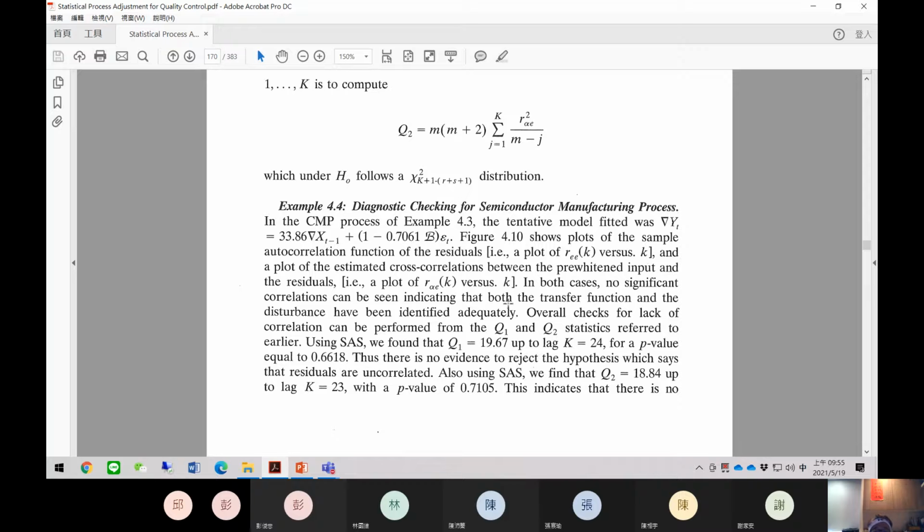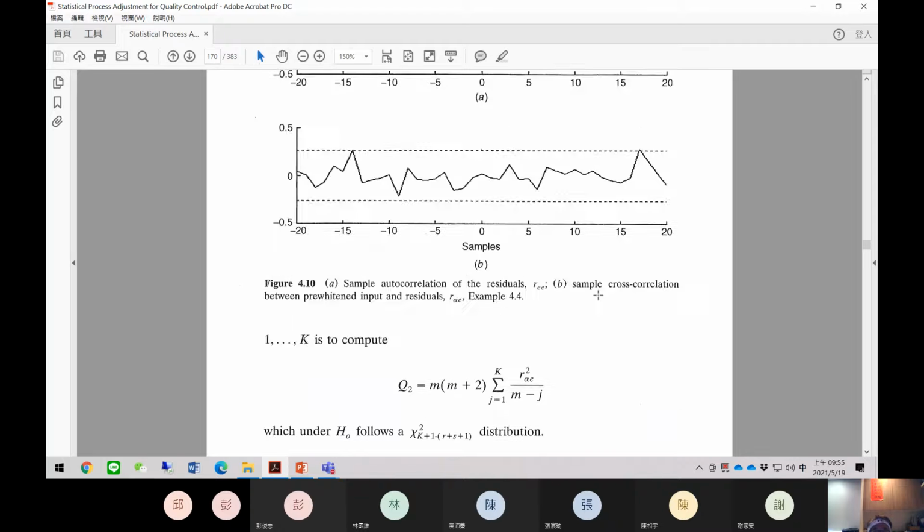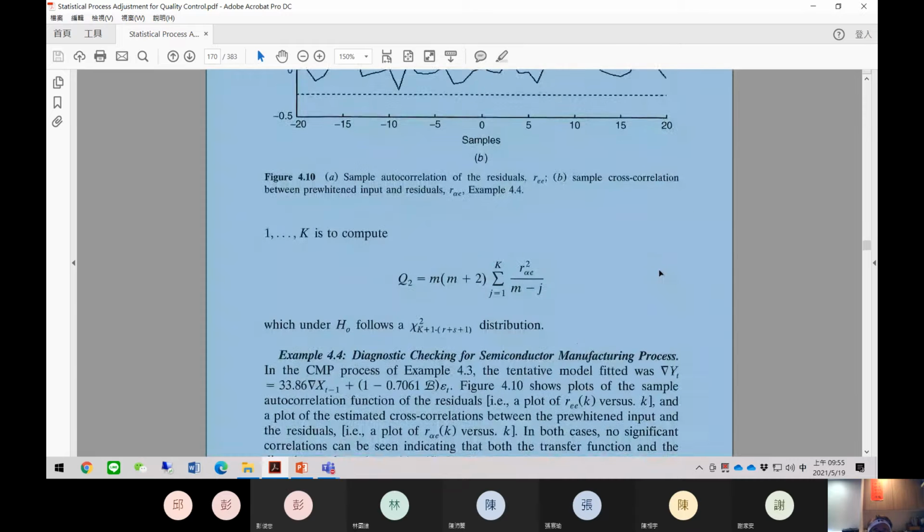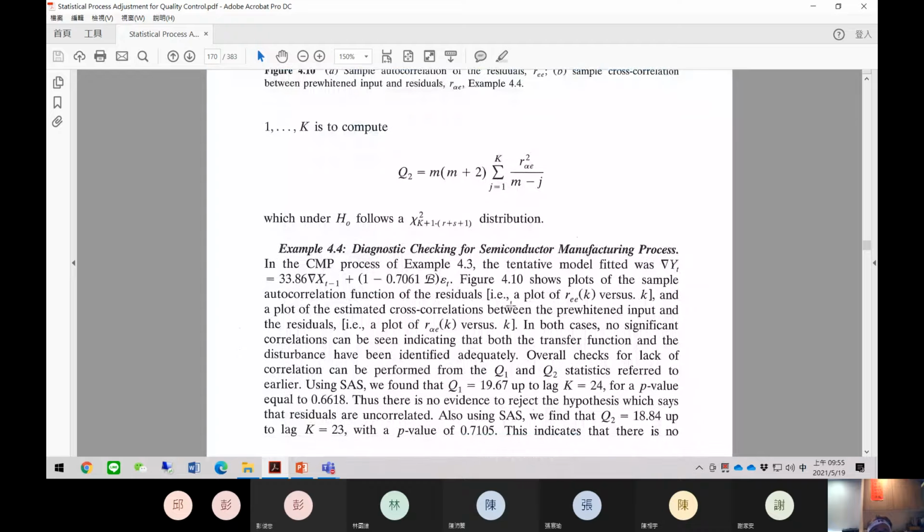Figure 4.10 shows the plot of the sample autocorrelation function of the residual, r_εε(k) versus k, the first one. And the plot of the estimated cross correlation between the pre-whitened input and the residual, r_αε(k) versus k.